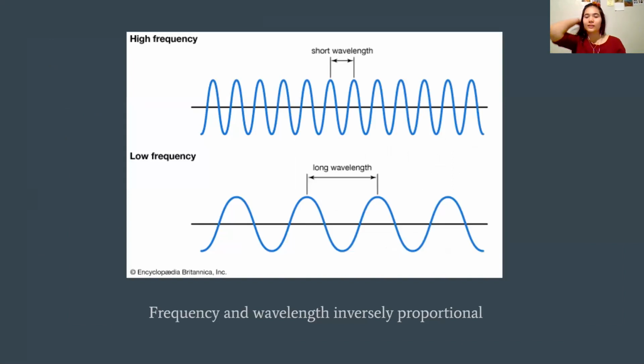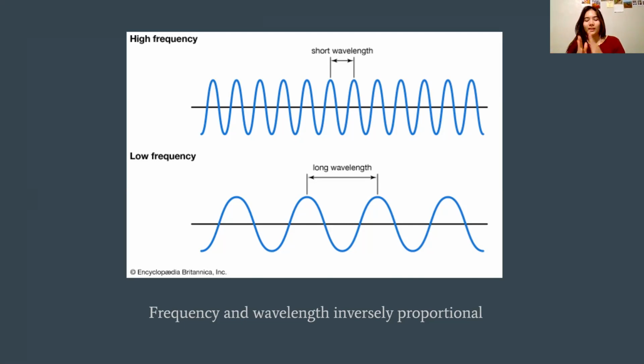I like to think of it as a line with dots on it, and the distance between two dots is the wavelength. If the distance between the dots is longer, that means a longer wavelength. If the distance is shorter, that means a shorter wavelength.